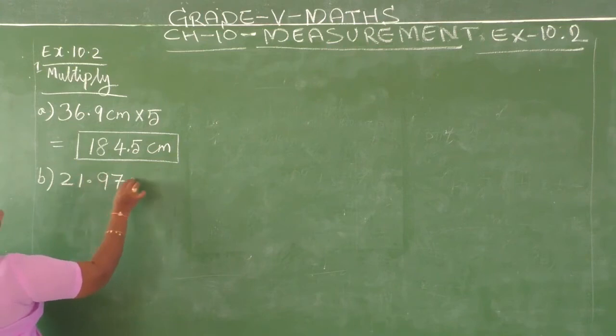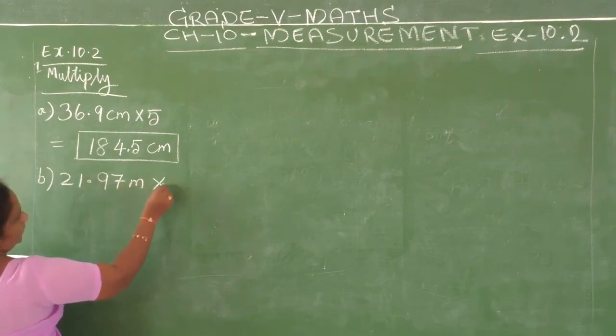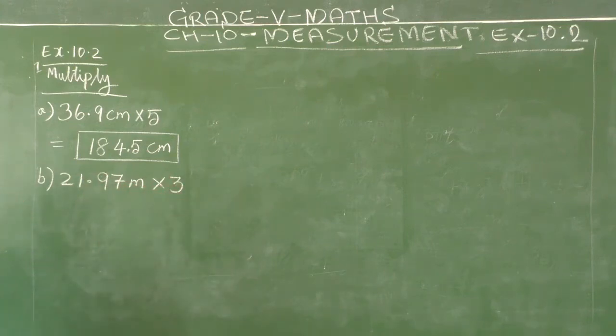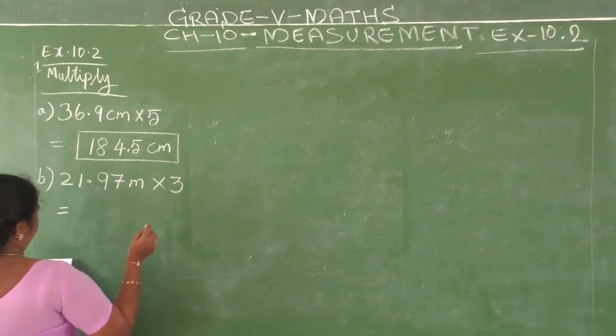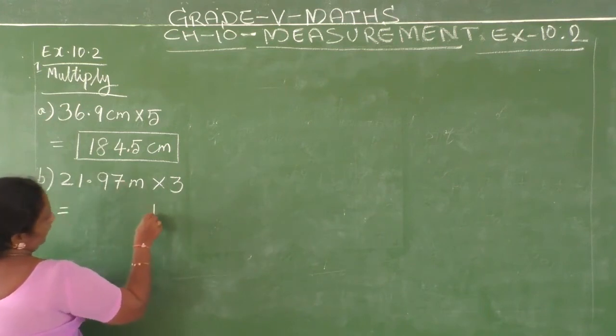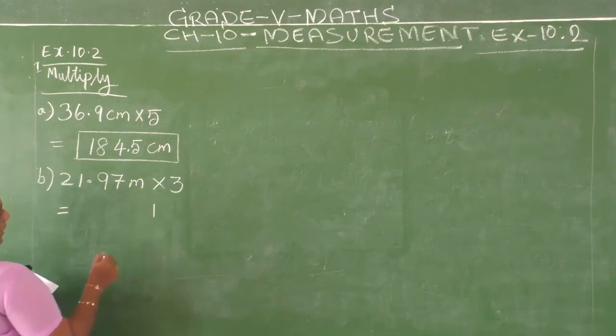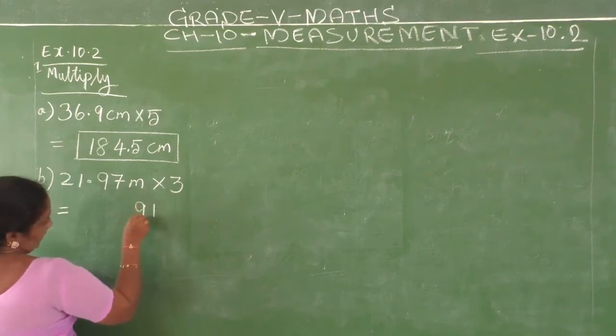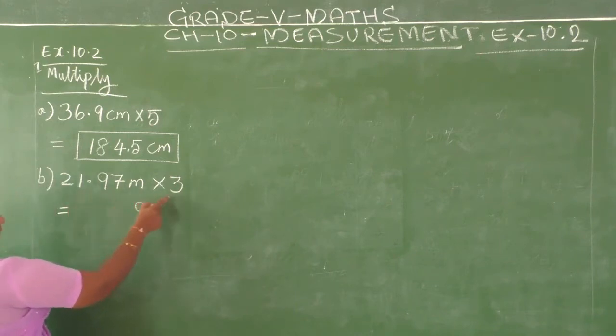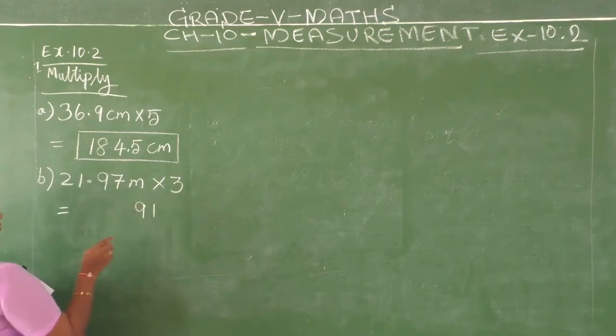Then B sum: 21.997 meter into 3. In our previous sum they gave the unit centimeter, but in the second sum they gave the unit in meter. We do normal multiplication. 3 sevens are 21, 1 remaining 2. 3 nines are 27, 27 plus 2 is 29, so 9 remaining 2. 3 ones are 3, 3 plus 2 is 5.